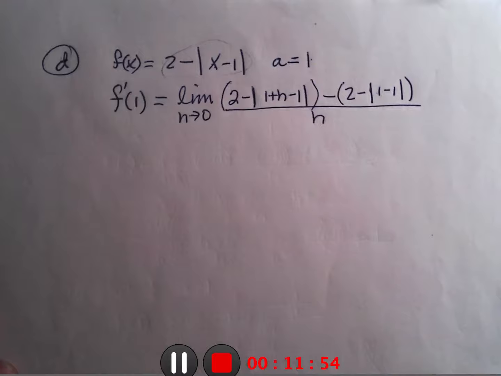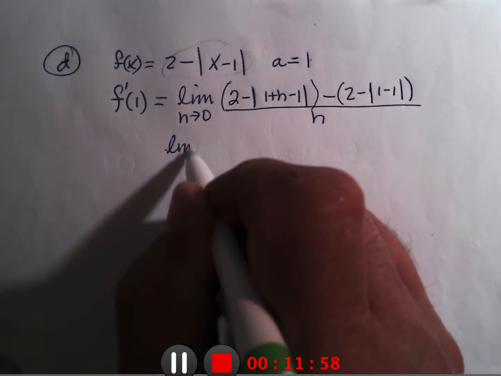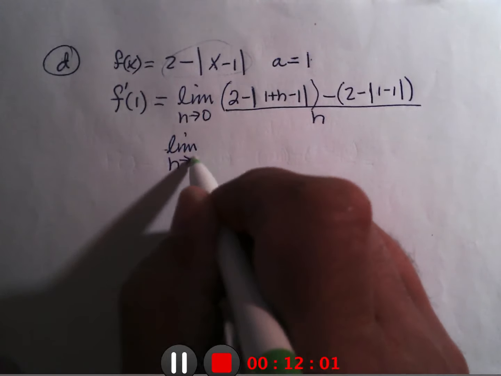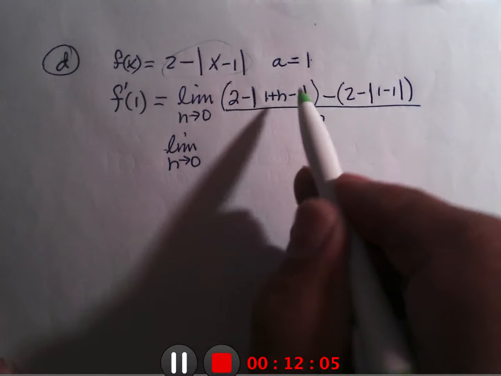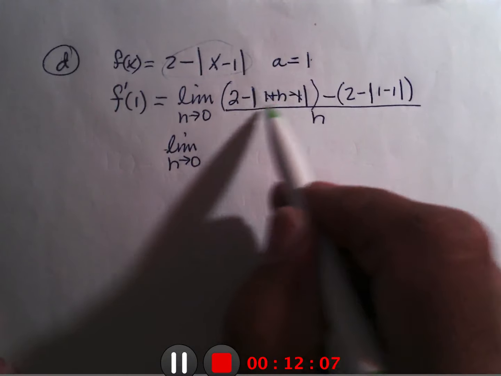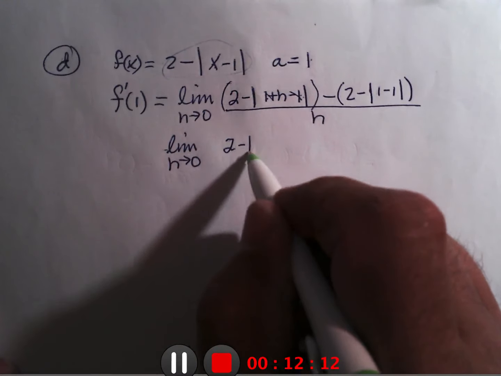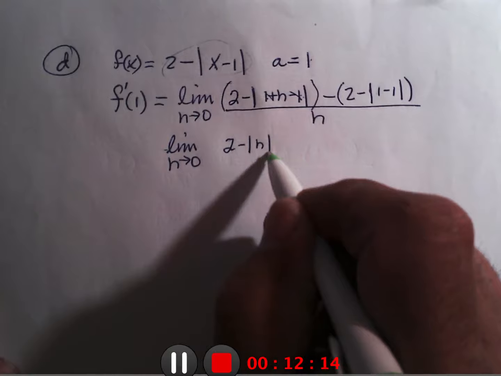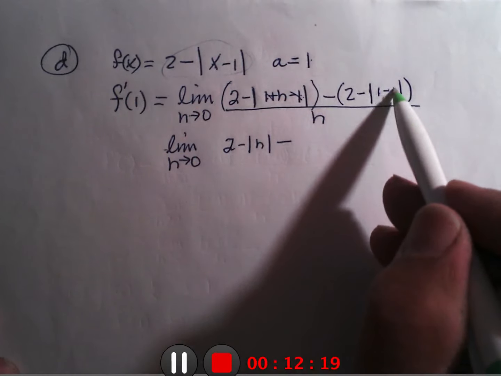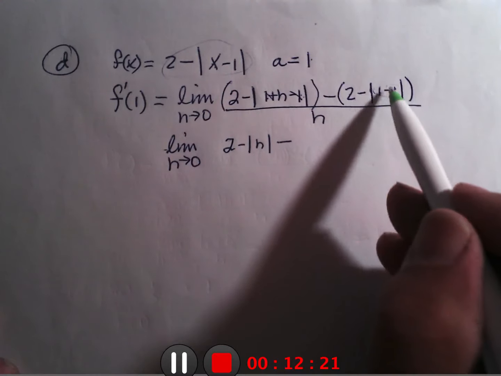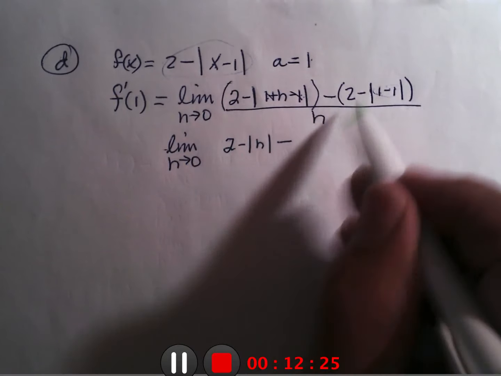So let's clean this up a little bit. As h approaches 0, so we have 1 minus 1 in the absolute value. Those will cancel. And so I just have 2 minus the absolute value of h minus, and this is a number, 1 minus 1 is 0, 2 minus 0 is 2, so I have minus 2 over h.